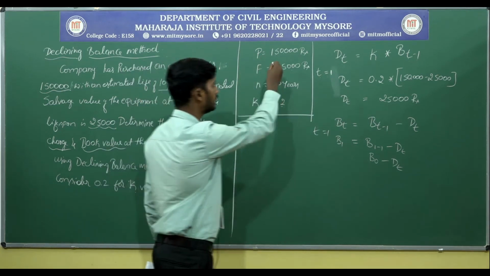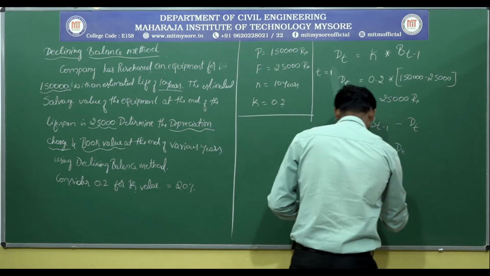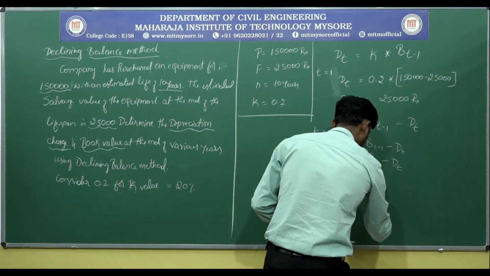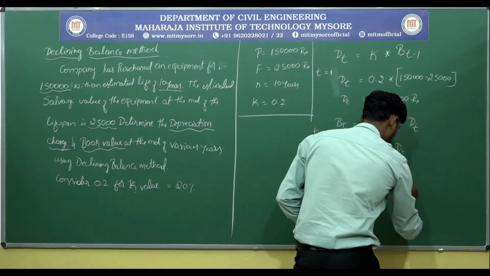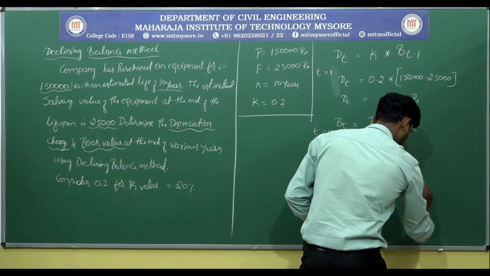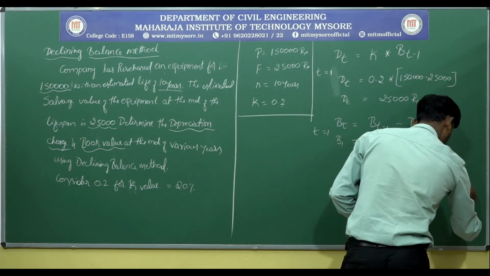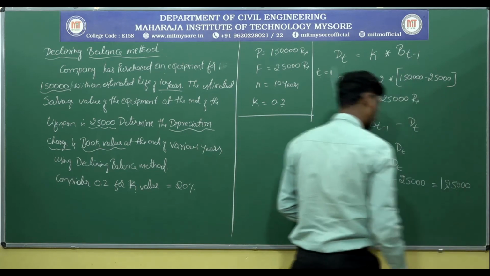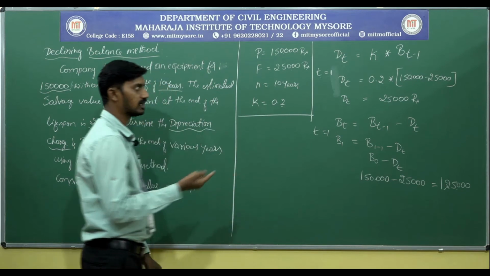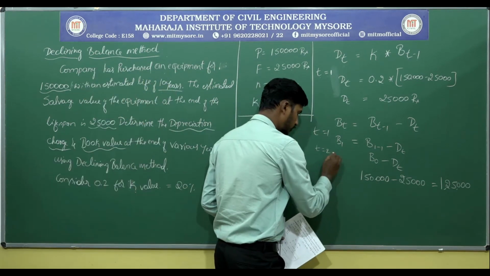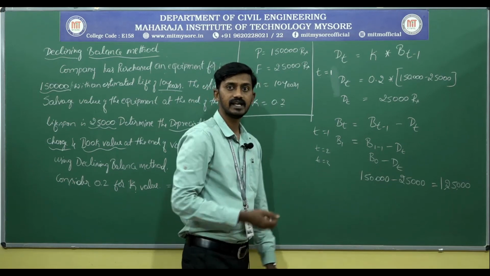Initial value would be 1,50,000. 1,50,000 minus dt, which is 25,000, is equal to 1,25,000 rupees for B1. Same way we should calculate for t equals to 2, t equals to 3, like that we should calculate till 10 years.